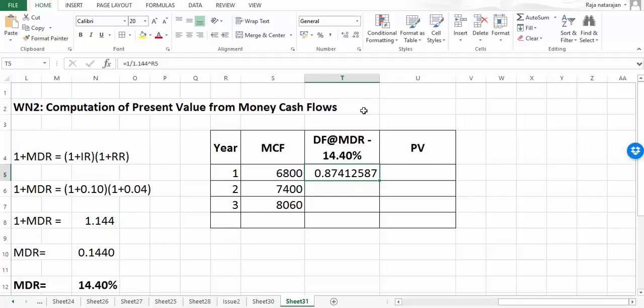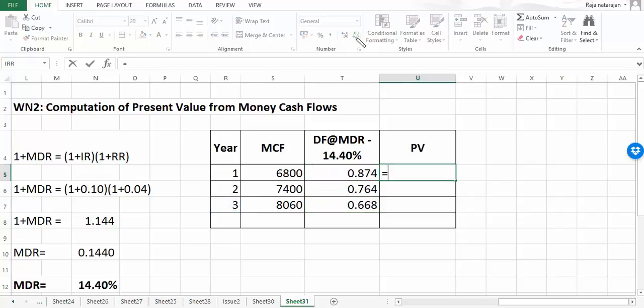Let me keep it at 3 decimals. For year 2, if I apply the formula, I'll get 0.764. Okay, and for year 3, it is 0.668. Now, if I multiply these two, that is money cash flow with the discount factor, I get a value. Let me keep it with 2 decimals. So it is 5,944.